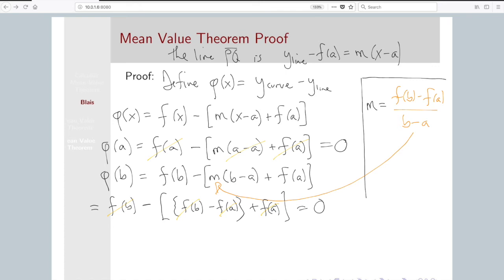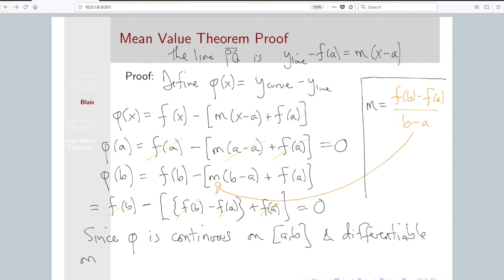Now, Rolle's theorem can be applied. This function phi of x is differentiable on open interval ab and continuous on closed interval ab. So since phi is continuous on [a,b] and differentiable on open interval ab.